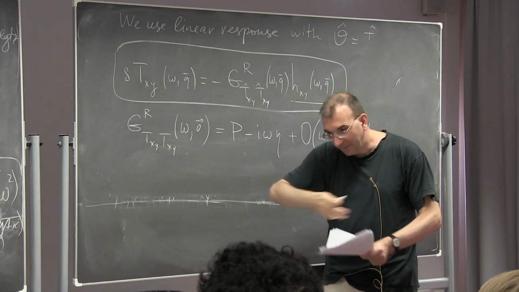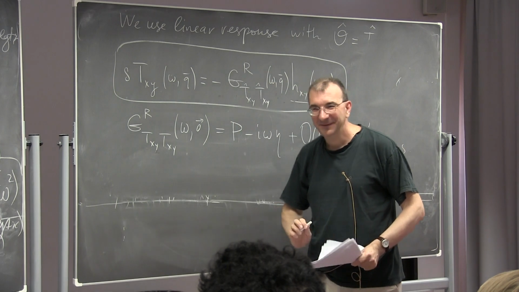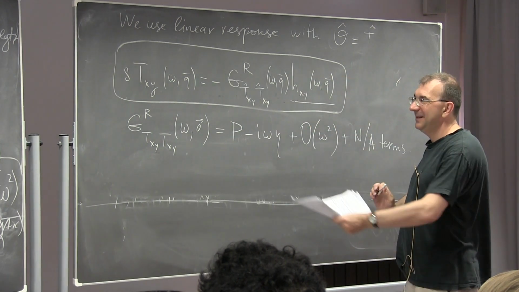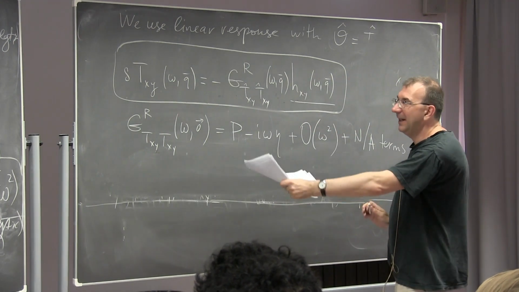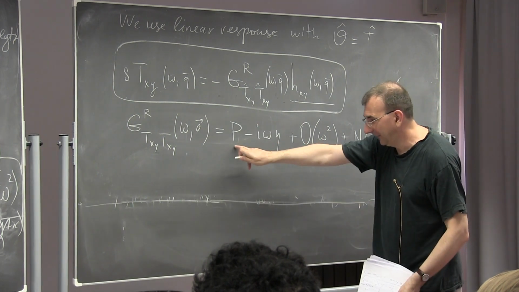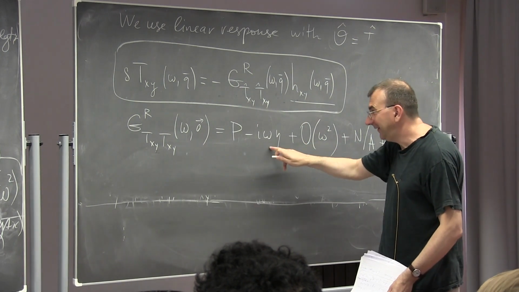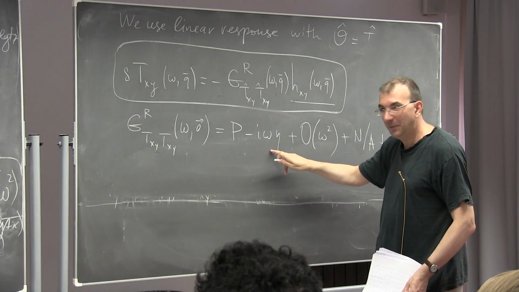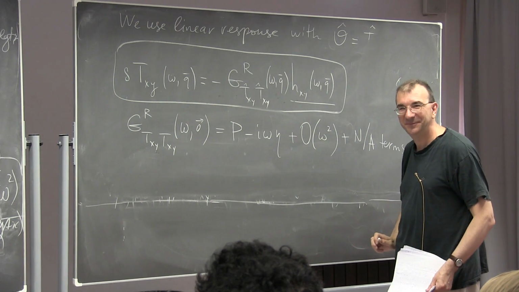Therefore, I can expand for small omega. And if I expand for small omega, I must find a term which is pressure, and the next leading term in omega will be a term proportional to shear viscosity.